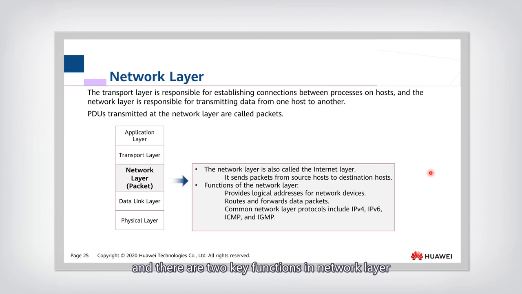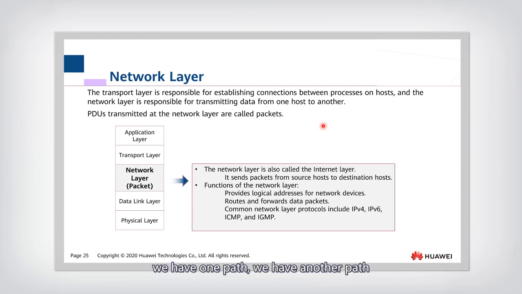And there are two key functions in the network layer. One is data forwarding. Every router needs to forward the data packet from one incoming link to the correct outgoing link. Another function of the network layer is to calculate the routing. For example, this is the source and this is the destination.